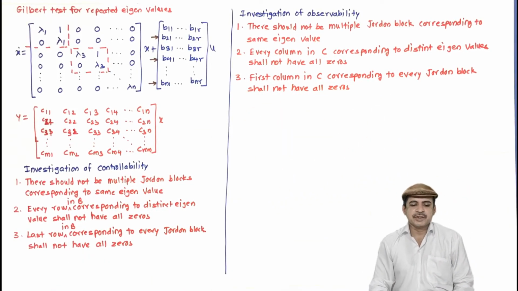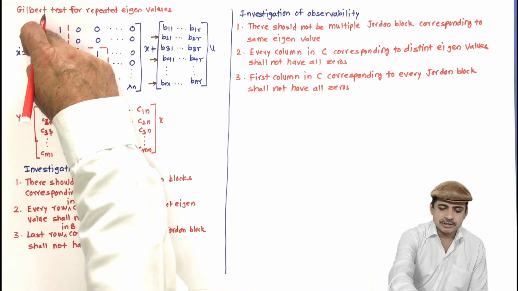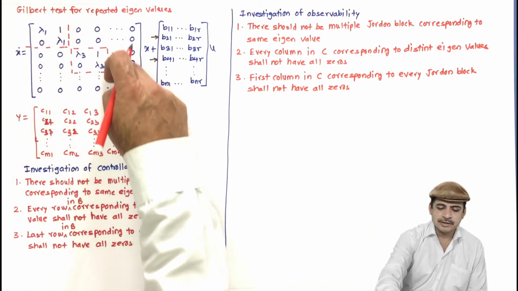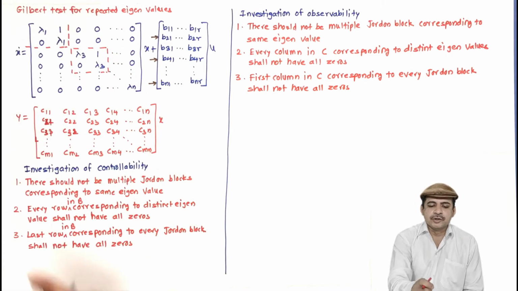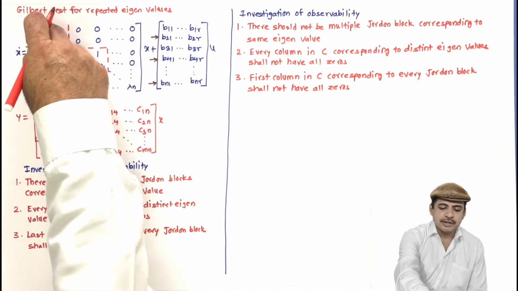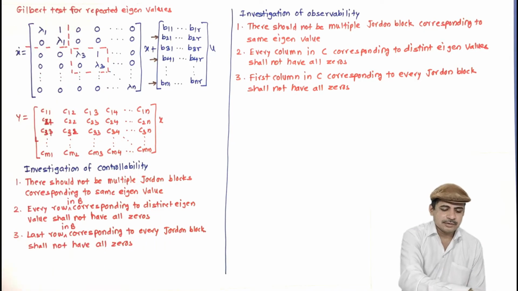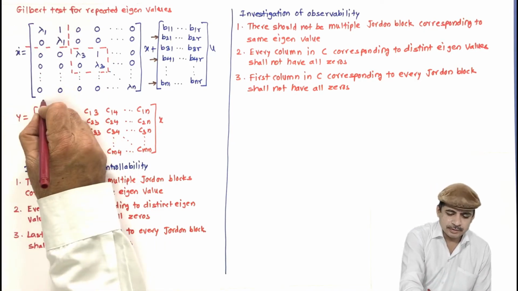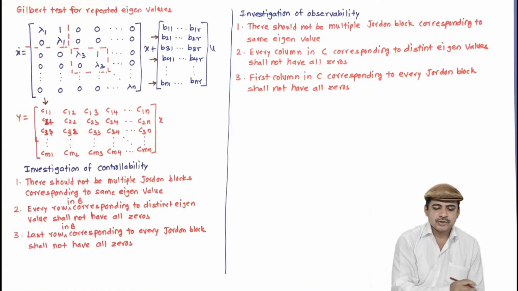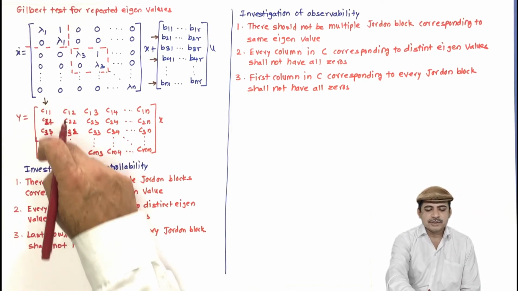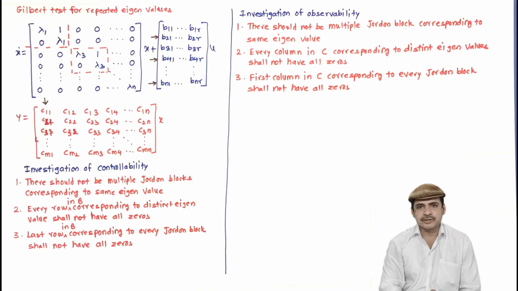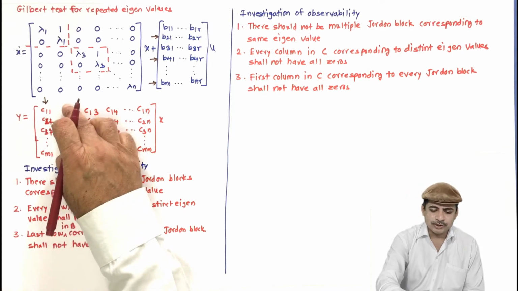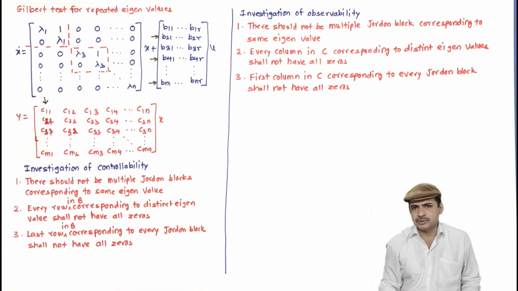What does it mean? Now there are two Jordan blocks. This is the first Jordan block, this is the second Jordan block. So the first column corresponding to this Jordan block is this one. So this column shall not have all zeros. They shall have at least one non-zero element. What about this column? Yes, it can have all zeros. No issues.